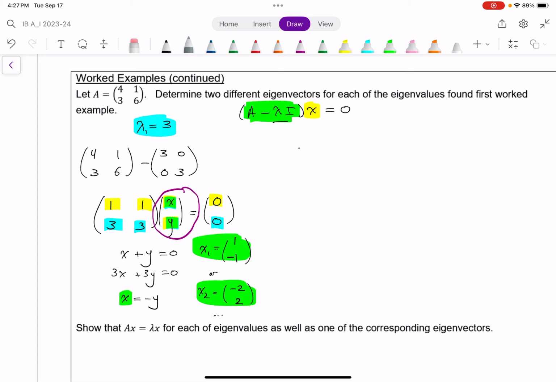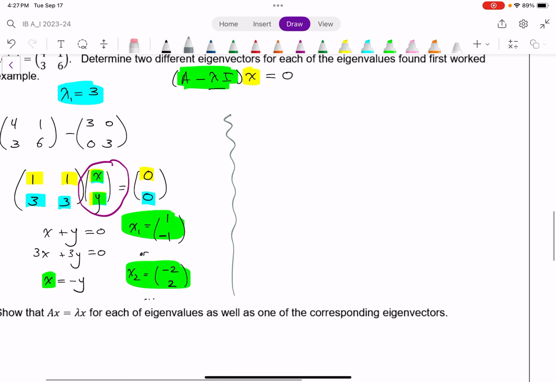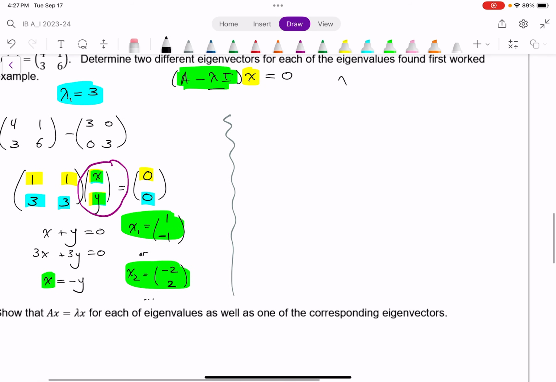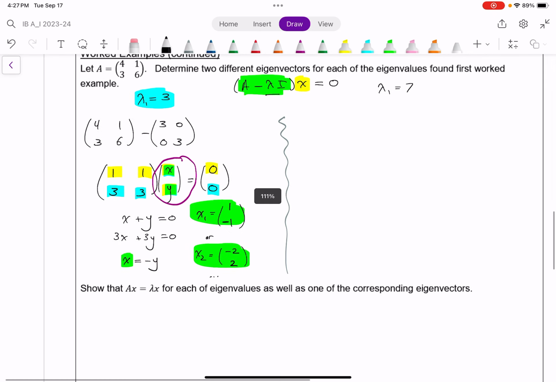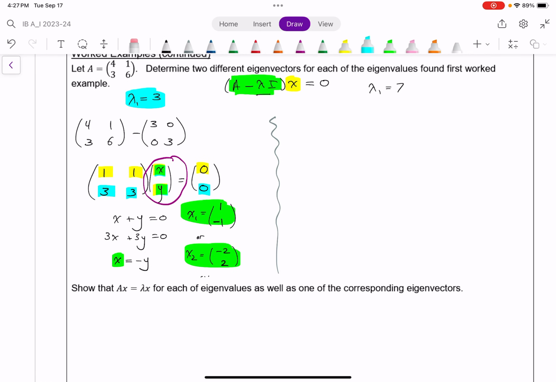All right. Let's now try the same idea for my other eigenvalue, which was 7. Same idea. I want to take my A and go minus now, instead of 3 times the identity matrix, 7 times the identity matrix.